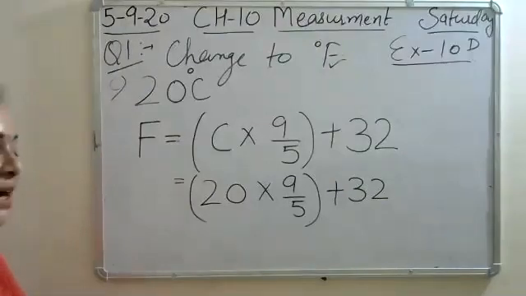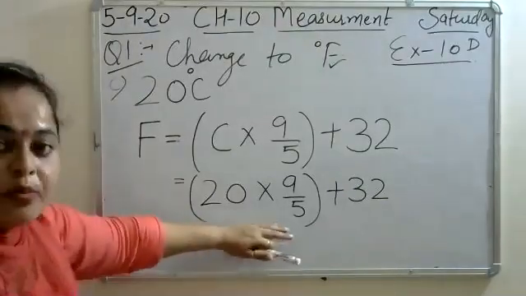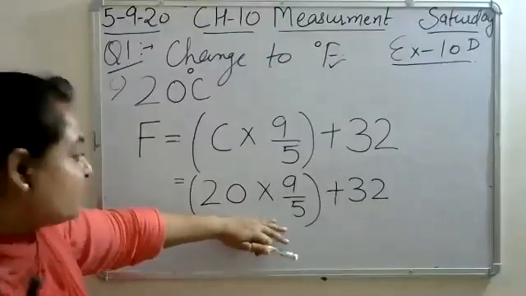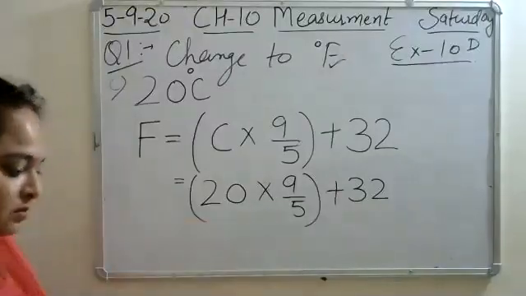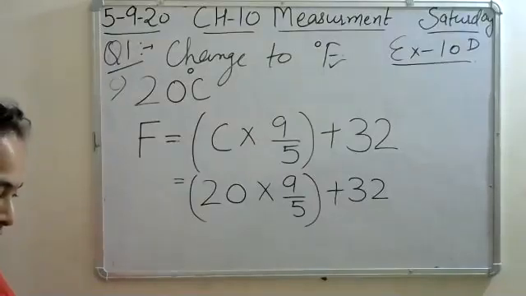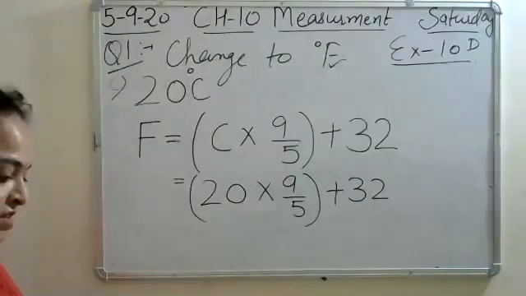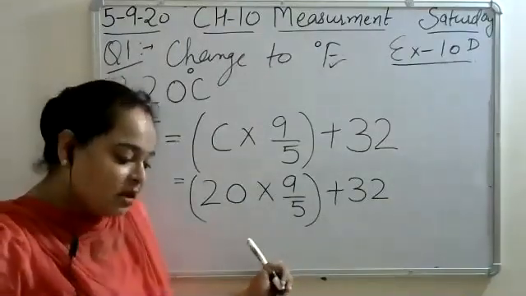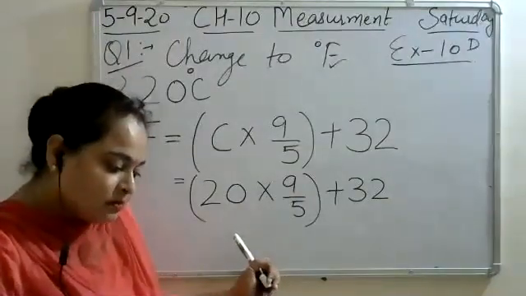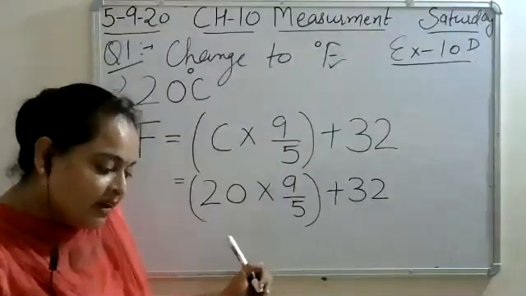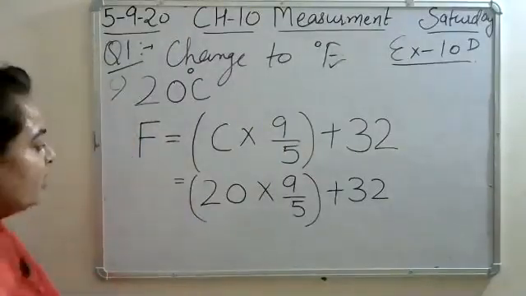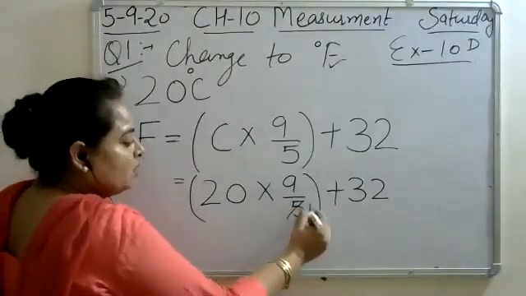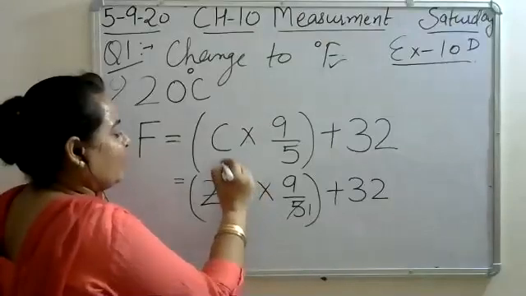Now write down in the chat box: is any cancellation possible here under the bracket? Yes, very good response. On which table? Well done, in the table of 5. Now, 5 ones are 5, 5 fours are 20.